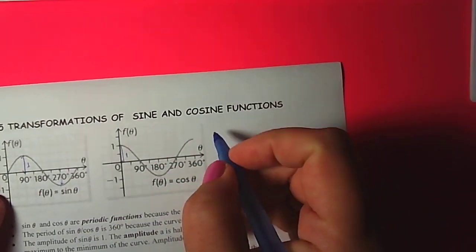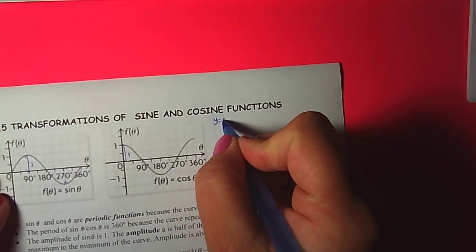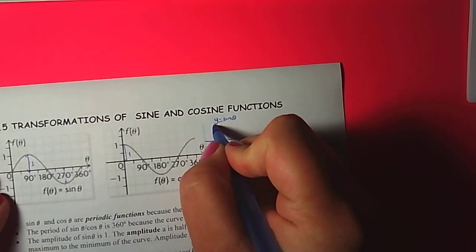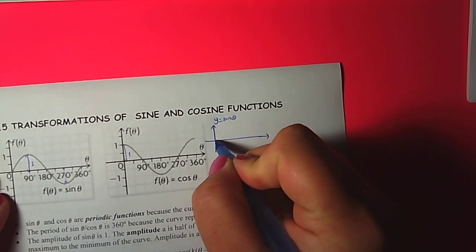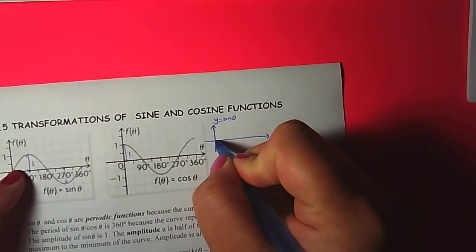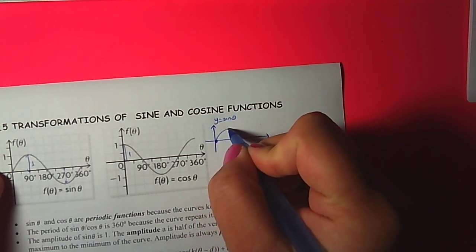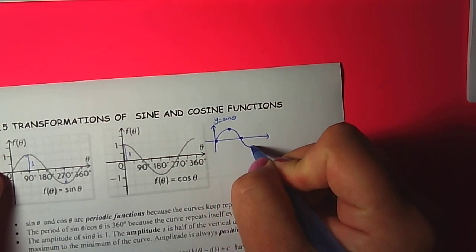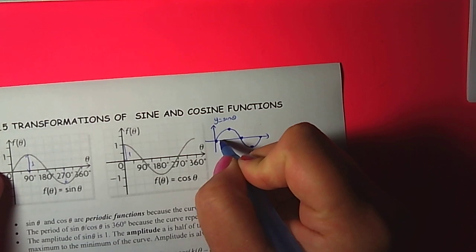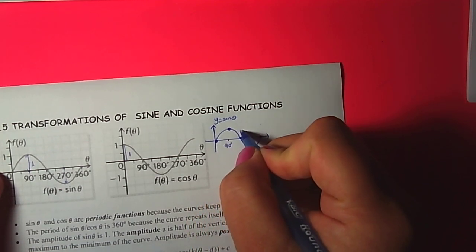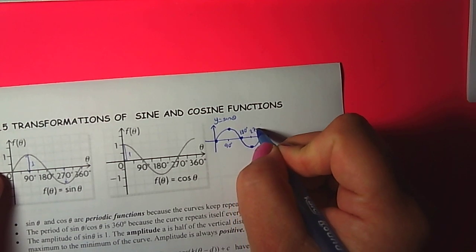Okay, so if we have y equals sine theta, using the key points, we can sketch it. We have 0, then we go to the maximum, then 0, then minimum, and a 0 again. And those key points, let's remember, happen every 90 degrees.